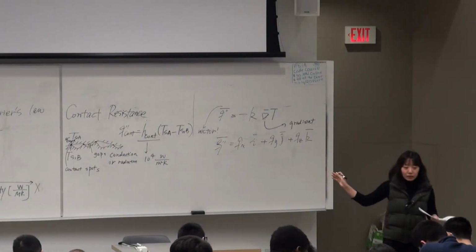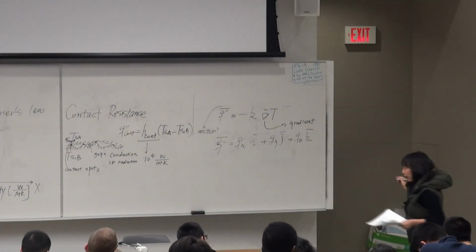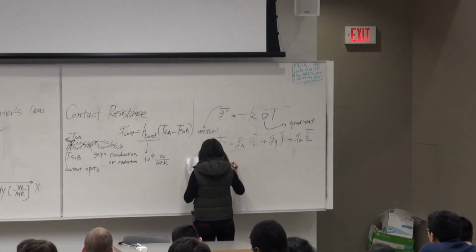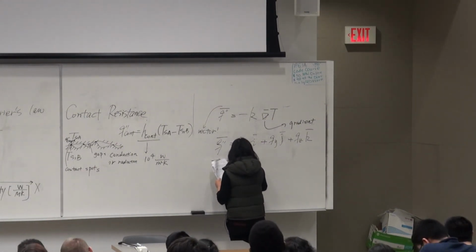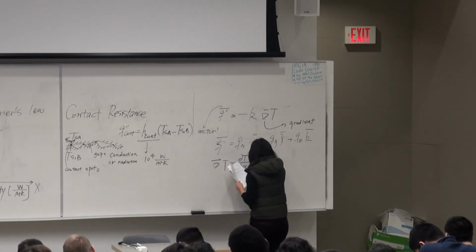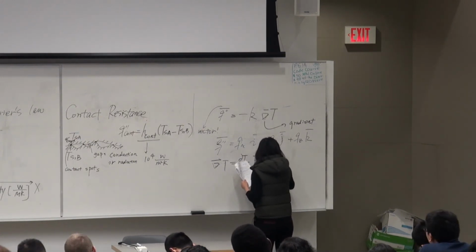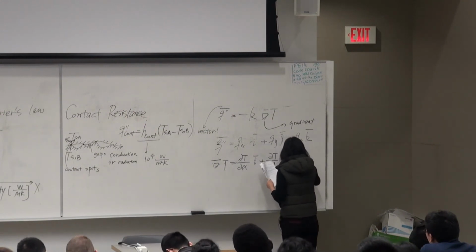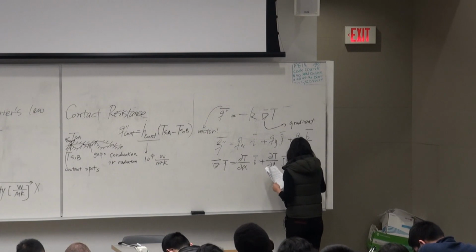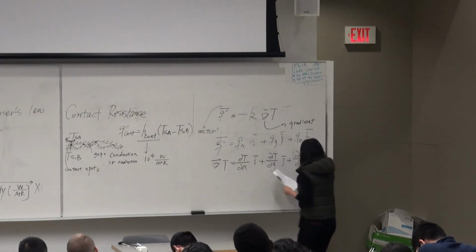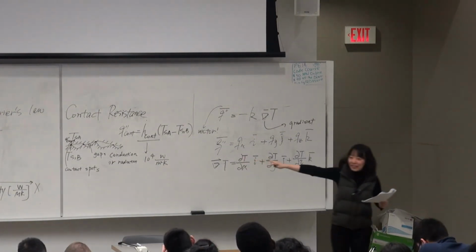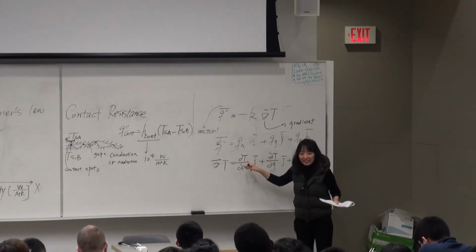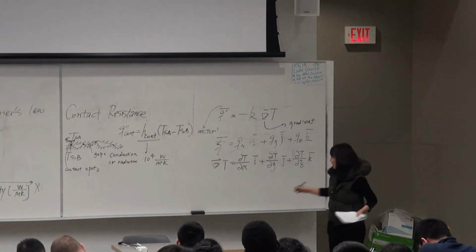In 1D, it is just dT over dx, but in 3D, it should be what's the difference between that straight d and this curved symbol here? Do you guys see the difference?